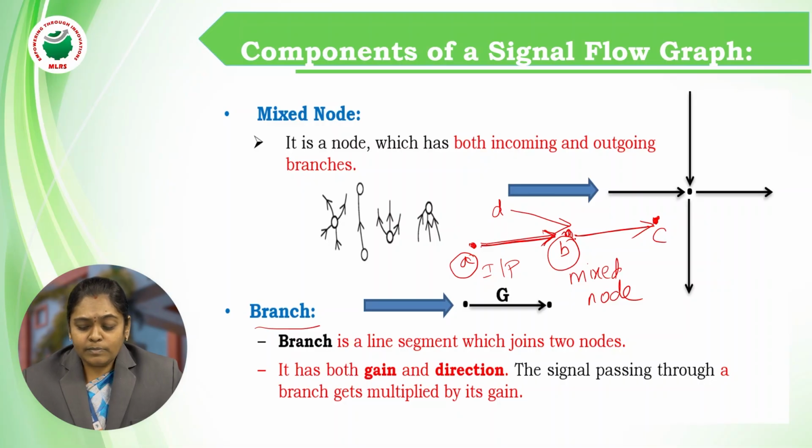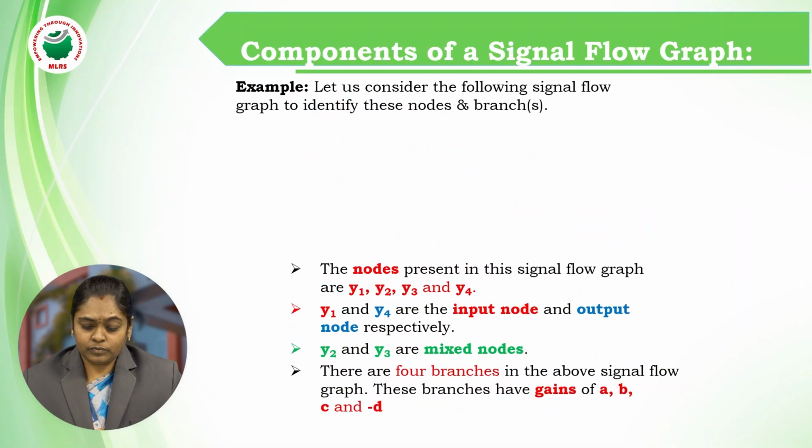But if it is multiplying with a corresponding value, that particular value is nothing but called as a gain. So for every branch there consists of two parameters. One is gain and the other one is a direction. Direction will tell you the branch is terminating at which node, and the gain will tell you what is the transformation from input towards the next node.